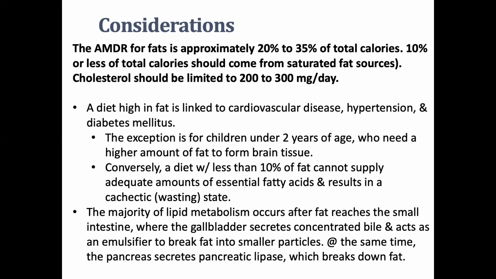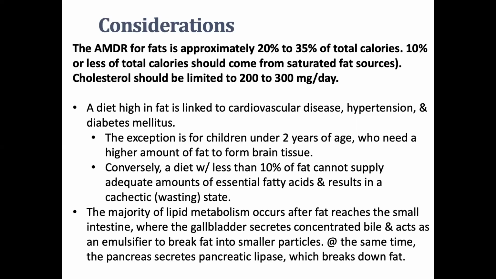Most of the lipid metabolism occurs after the fat gets to the small intestine. The gallbladder produces bile that emulsifies it, and the lipase from the pancreas helps to break down the triglycerides into fatty acids and glycerol.